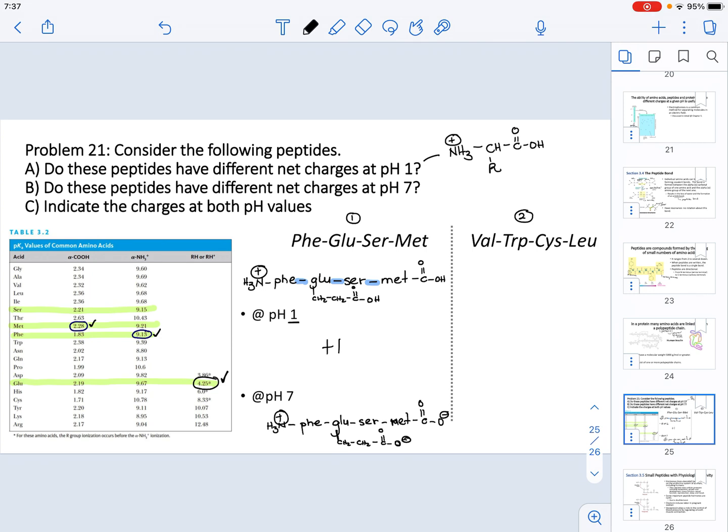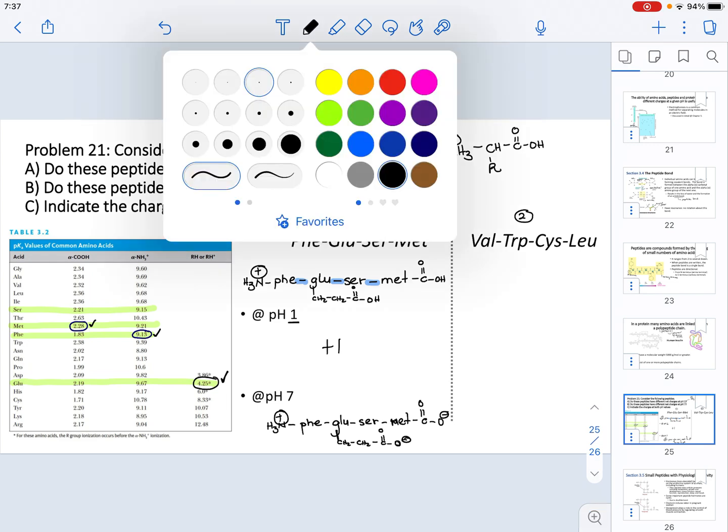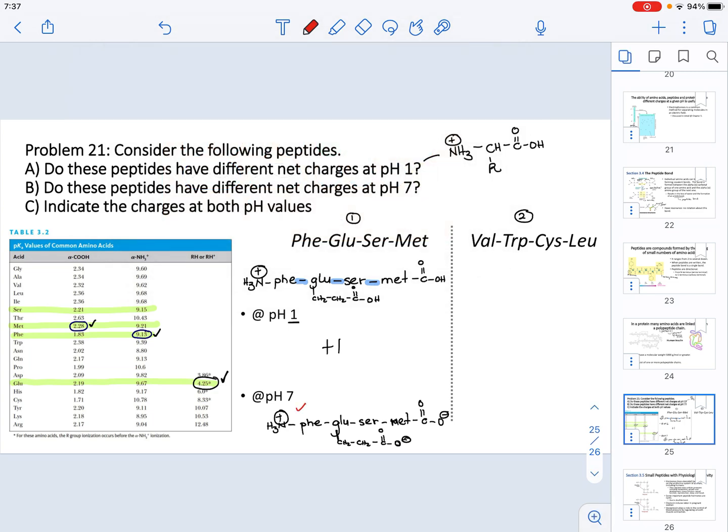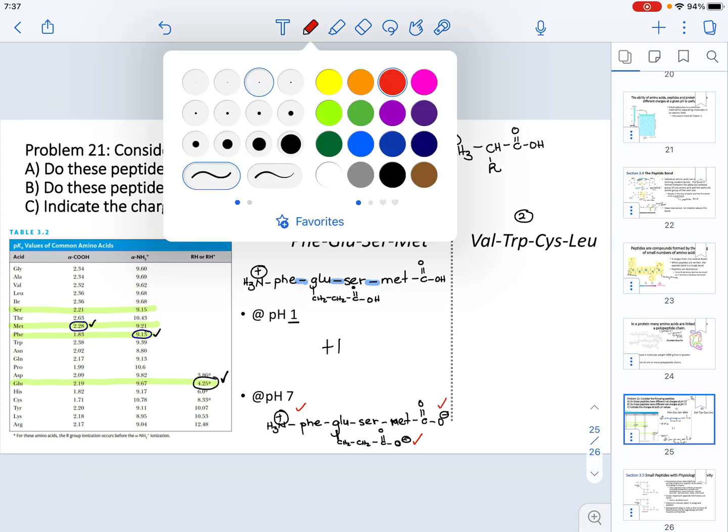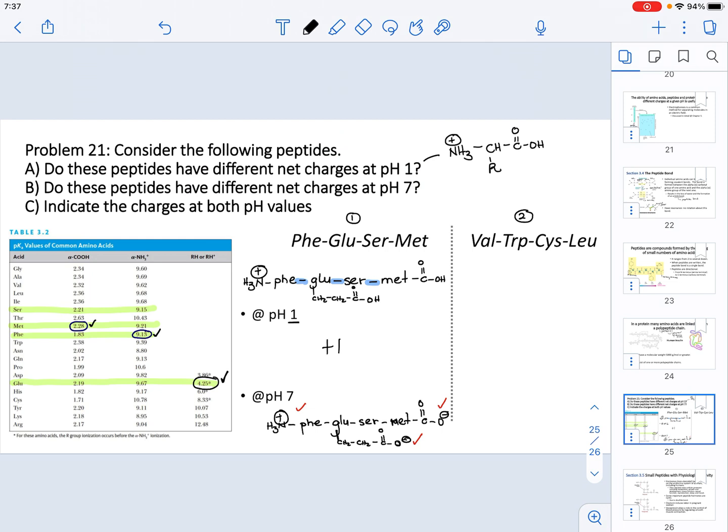So when I look at the net charge of my peptide, understand that at pH 7, I have positive 1, minus 1, that is going to be 0, and then I have a negative 1. So the overall charge, or the net charge, for my peptide is going to be negative 1. Make sure that at home you follow those steps and you determine what are going to be the net charges for that second peptide at pH 1 and pH 7.